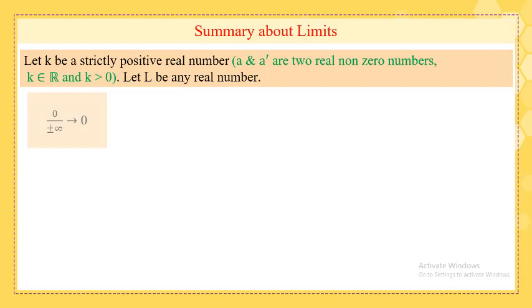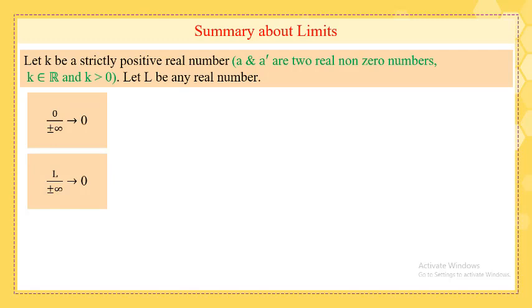Summary about limits: let k be a strictly positive real number. a and a prime are two real, non-zero numbers. k belongs to R. Let L be any real number. 0 over plus or minus infinity tends to 0. L over plus or minus infinity tends to 0.